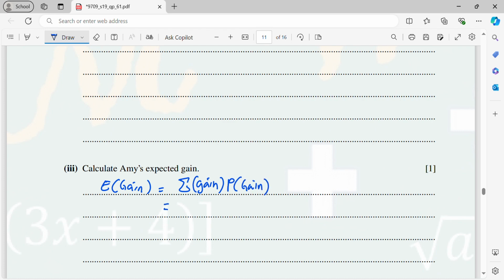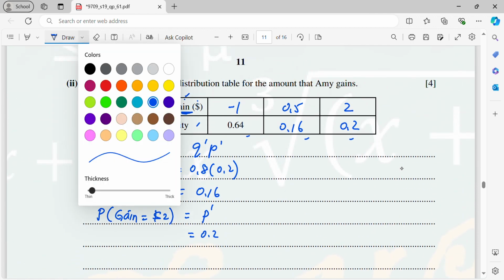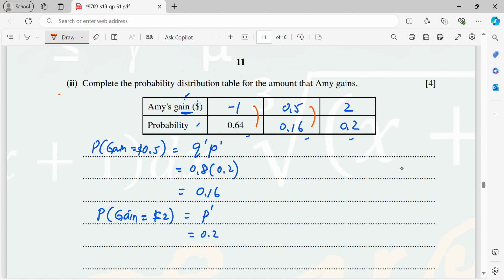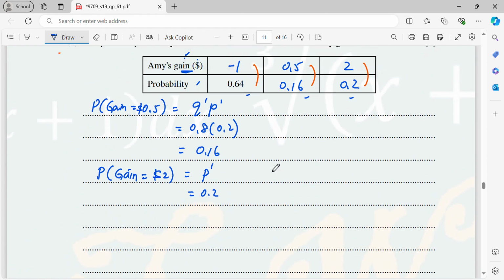Right? So then from here, I will just multiply these three pairs of values. So it will be minus 1 times 0.64, plus 0.5 times the probability 0.16, and then 2 times 0.2.